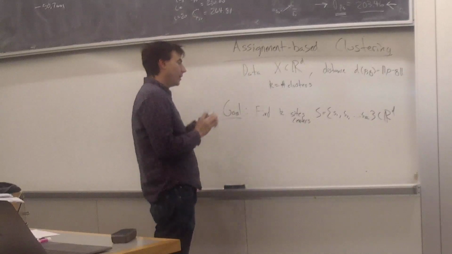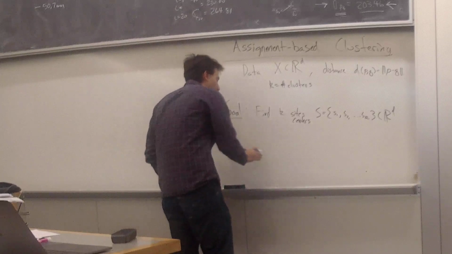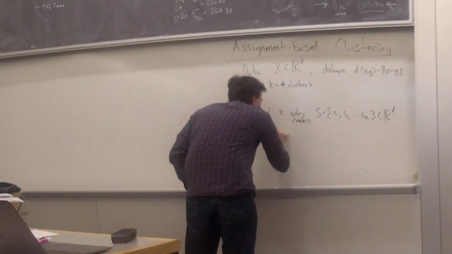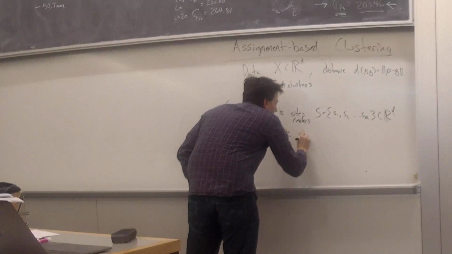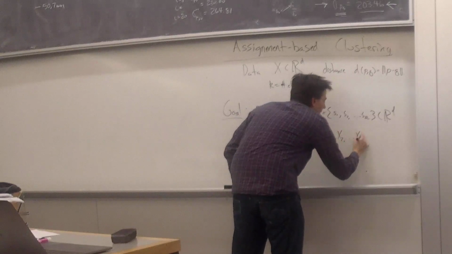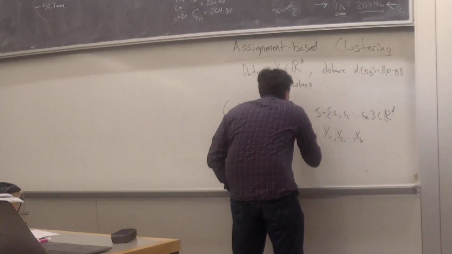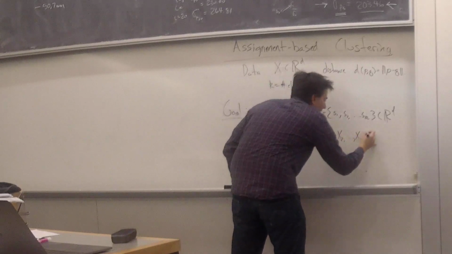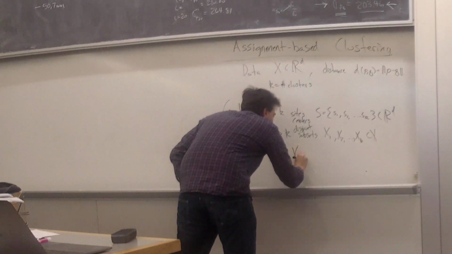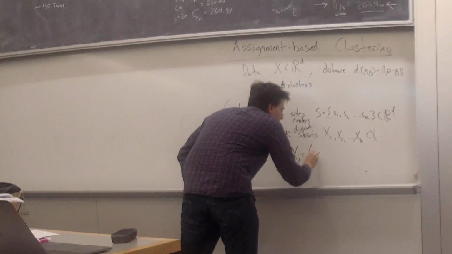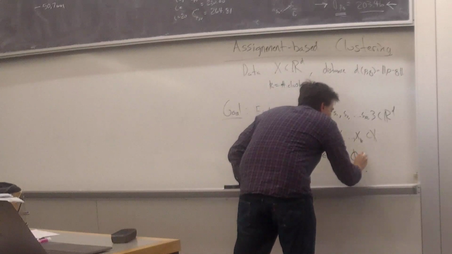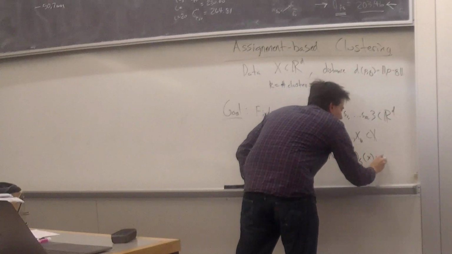This leads to k disjoint subsets X1, X2, up to Xk of X, where we define Xj to be the set of points in X such that phi of x equals sj.